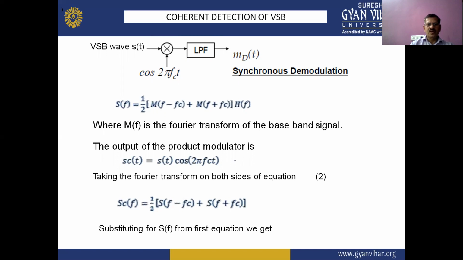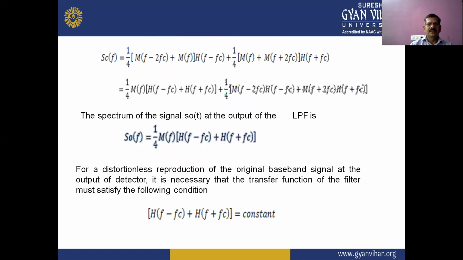So substituting for S(f) from the first equation, we get V(f) equal to 1/4 M(f)[H(f - fc) + H(f + fc)] + 1/4 [M(f - 2fc)H(f - fc) + M(f + 2fc)H(f + fc)].